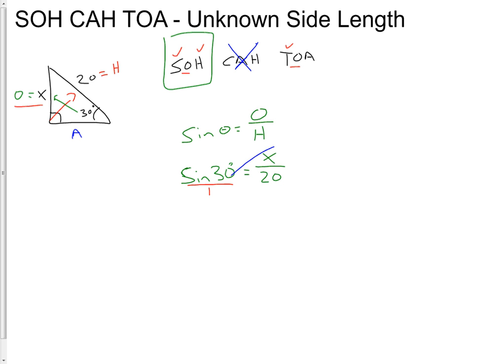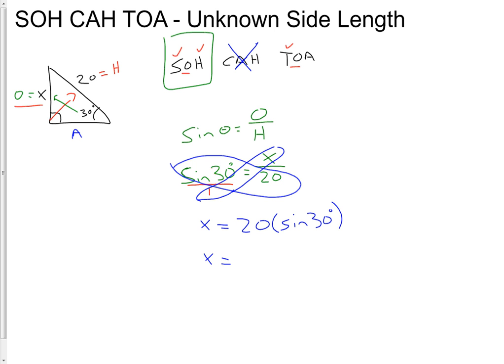I'm going to do x times 1, which just leaves me with x, and sine 30 times 20. So x is going to end up equaling approximately 11.5 units. The key here is that you have to do your cross multiplying piece.